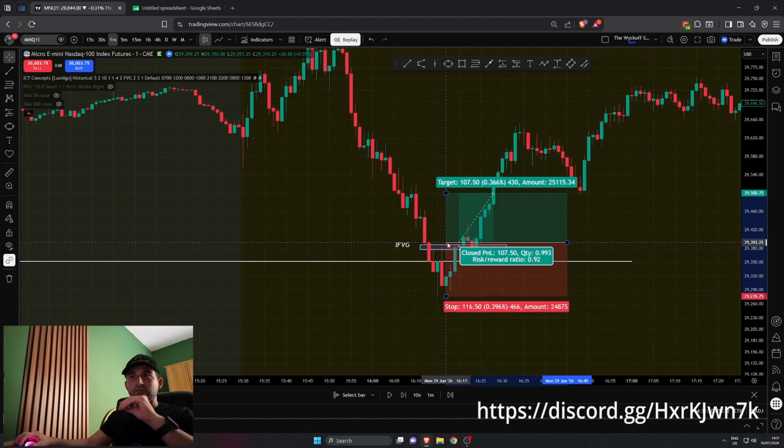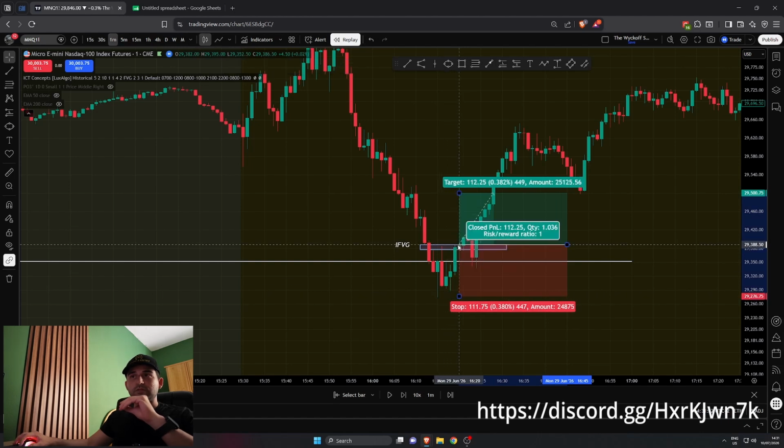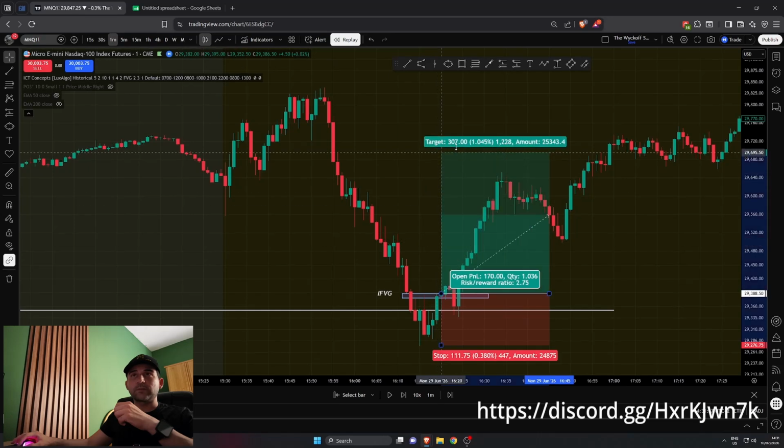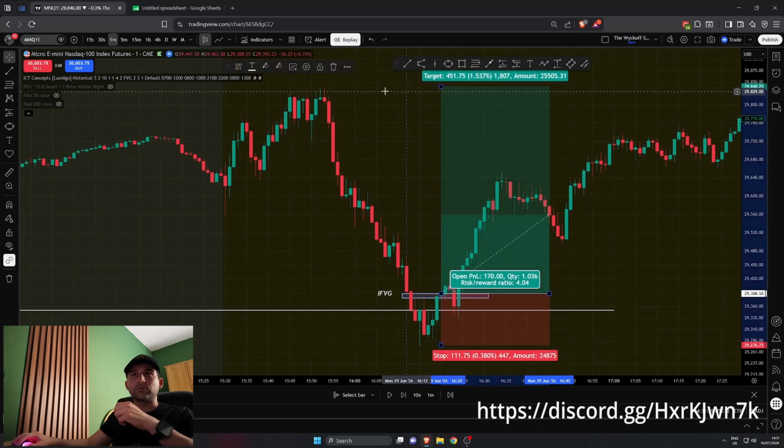The entry was here at the IFVG top. The stop loss was placed, of course, at the pin bar wick low, and the take profit was placed at the highest point of the bearish movement, which gave us a 4R trade.